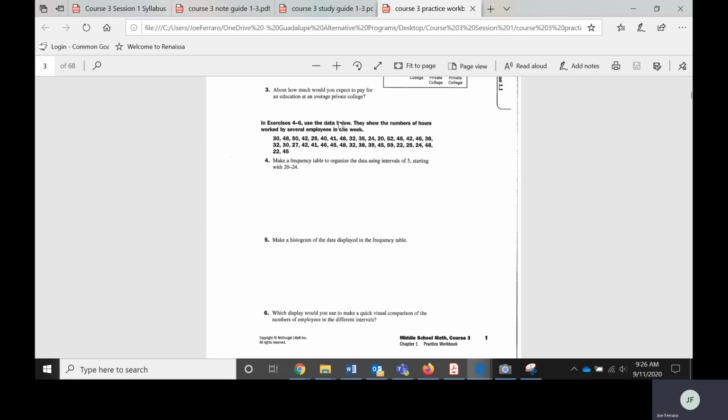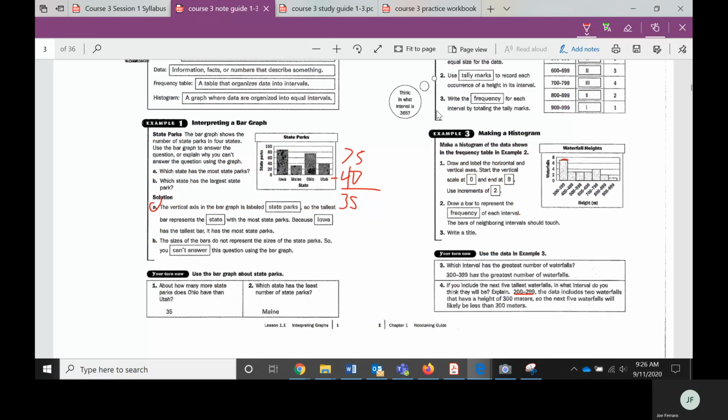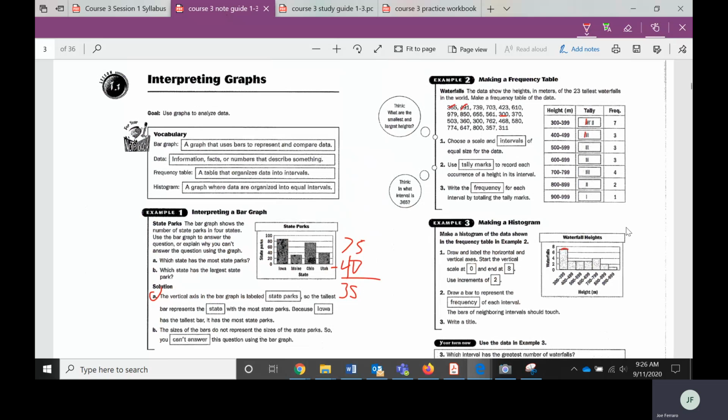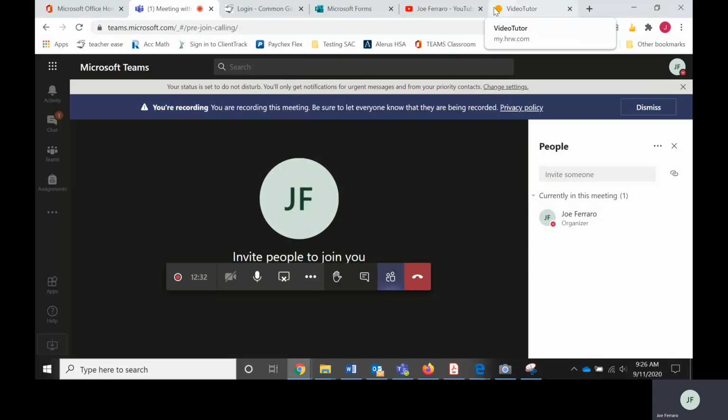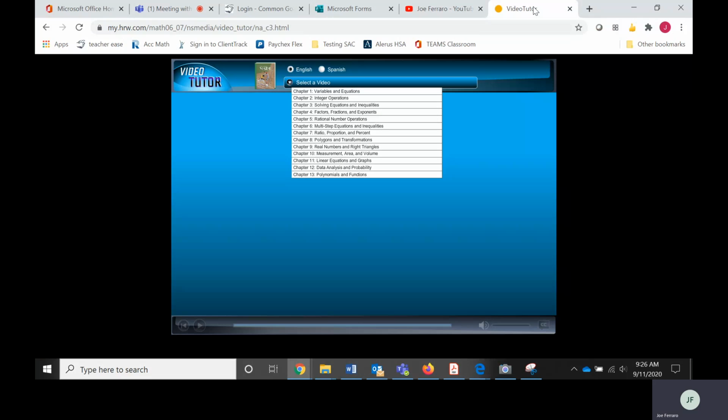The last thing, if you're really not understanding how they made the histogram or the frequency chart, I'm going to attach a link in our discussion, and it's going to pop up like this. If you want to watch that part, it's optional.